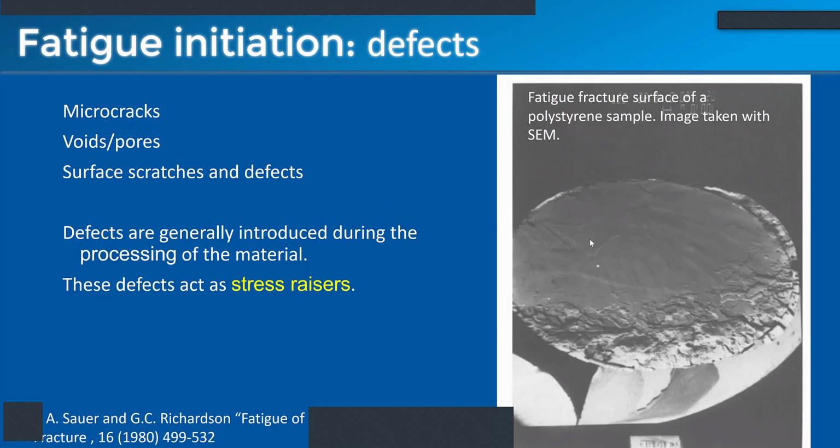Many polymers fail this way as in ductile fracture. As you may have seen in the lab when we were pulling apart the dog bones, they get thinner in the middle. They undergo this phenomenon called necking, and then they will fail and pull apart. With fatigue failure, because you've got a crack that's slowly propagating across the material, it's going to fail suddenly, and it's going to fail all the way across the material. It will break apart.